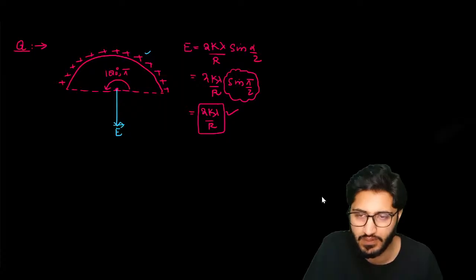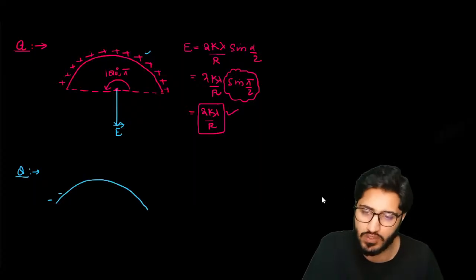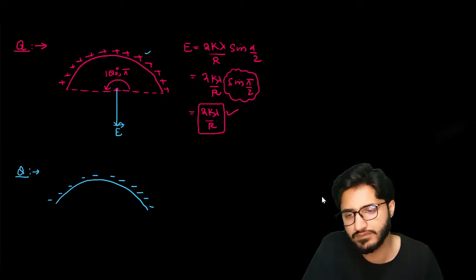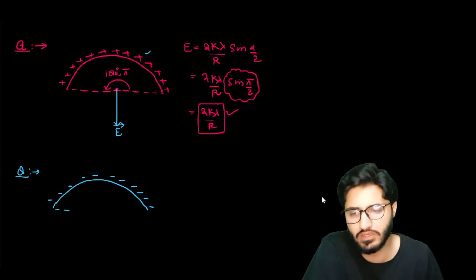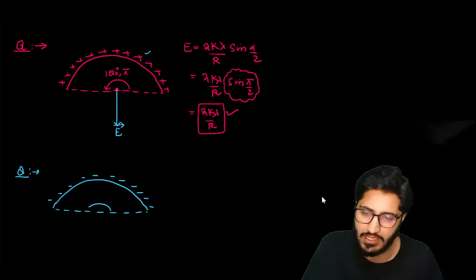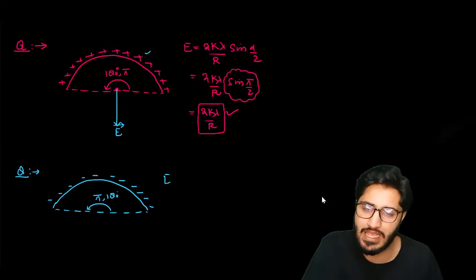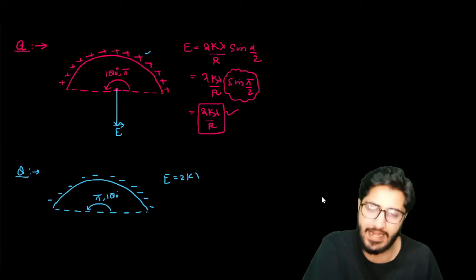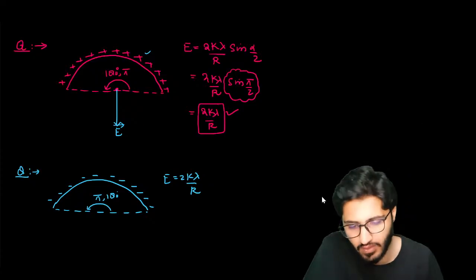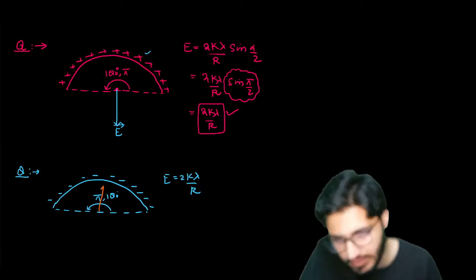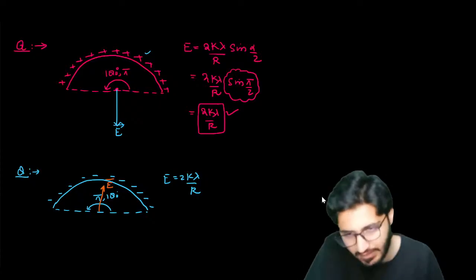If we have a numerical with the negative sign on the surface, how can we do it? The angle is given to be pi radian or 180 degrees, so E is the same. E would be 2k lambda by r, but the direction of the electric field will be opposite to that. Here, this would be the direction of my electric field.